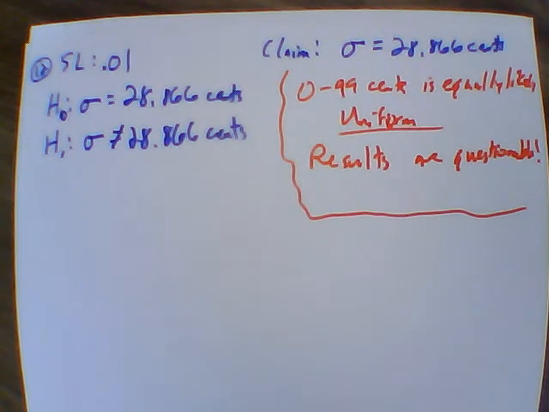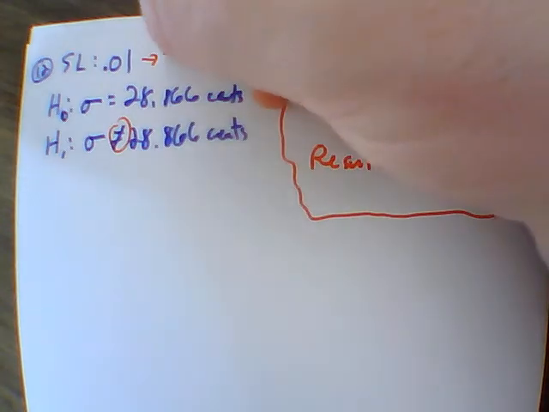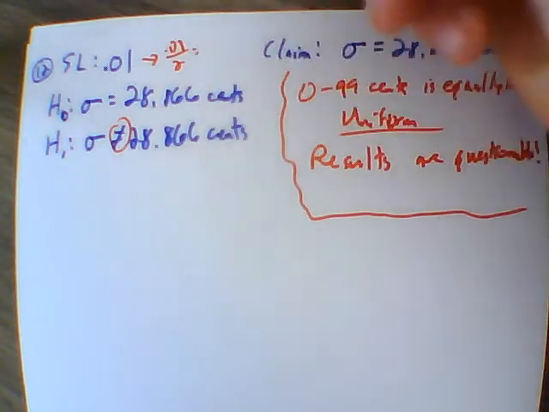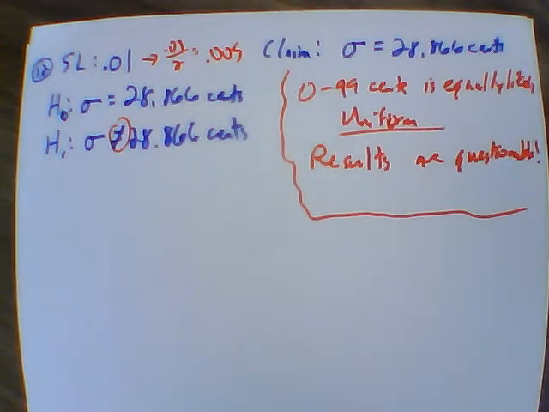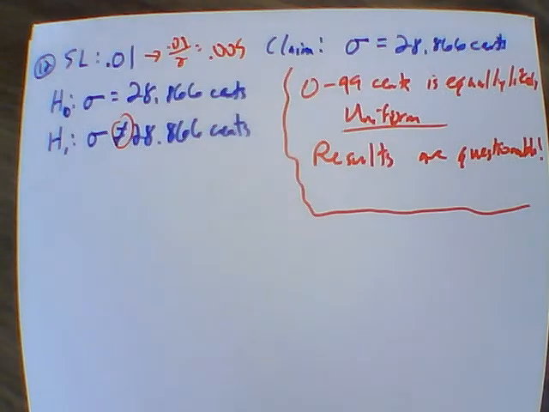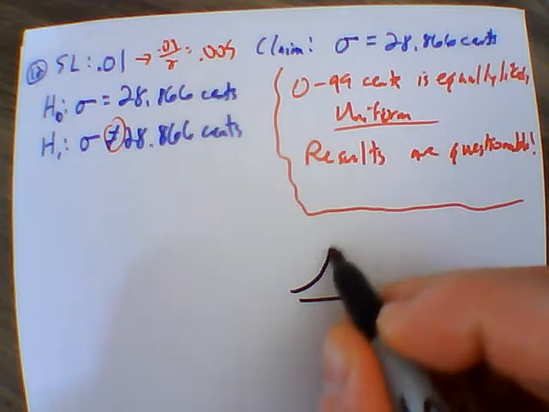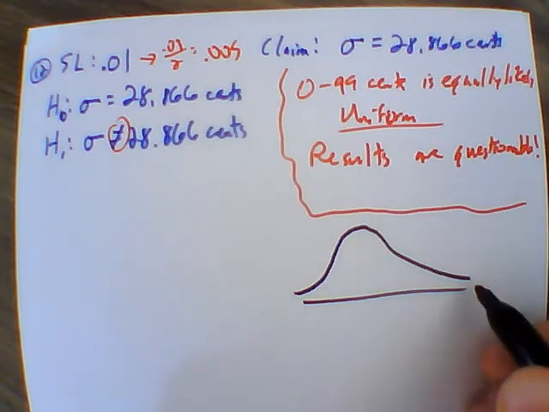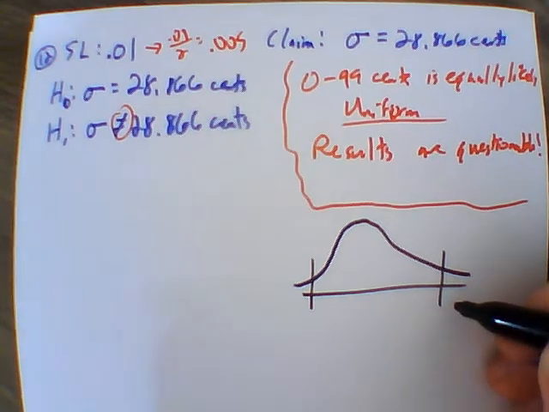Okay, so what this means is we're going to have to break apart our significance because it's two-tail. We're going to have to break the significance up into two different parts, so we divide it by 2. We're going to have to look at a right part and a left part for any values. Once again, we could find values that would be below or above. So as we go through here, if I look at my skewed graph, we would be testing here, and here would be our critical values.